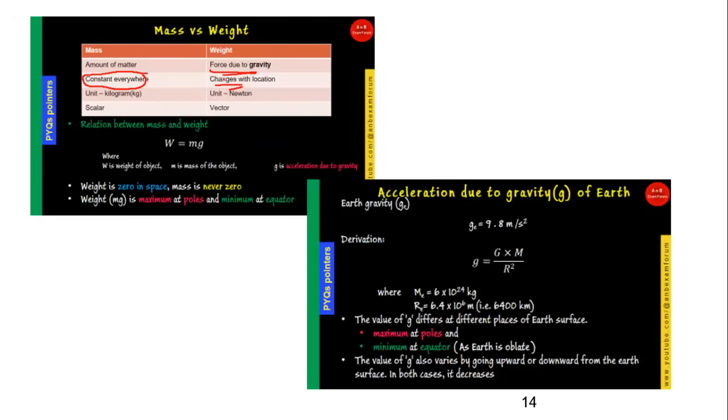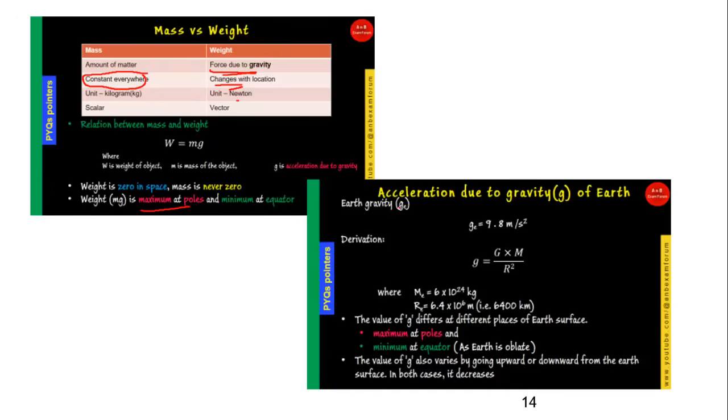Since it is a force, the unit is Newton, and mass is in kilogram. Here g stands for gram, not gravity. Mass is a scalar quantity, weight is a vector quantity. Remember, weight is 0 in space and mass is never 0, and weight is maximum at the pole and minimum at the equator.